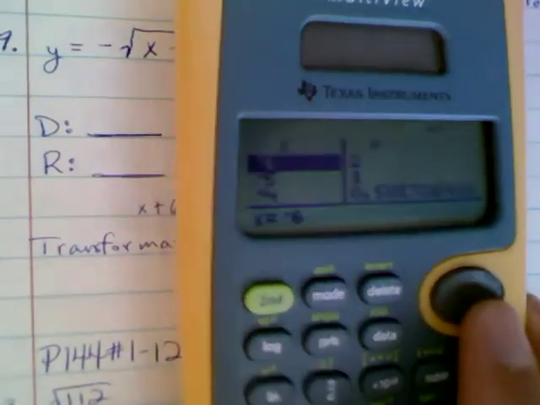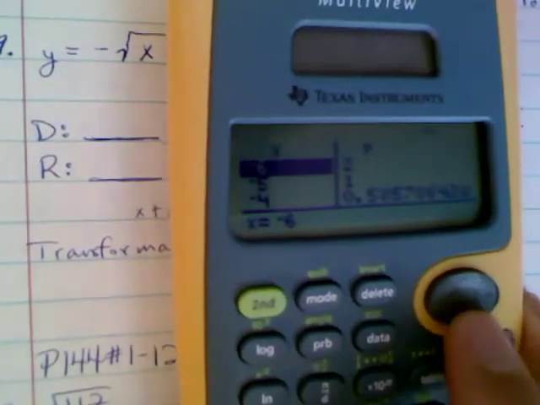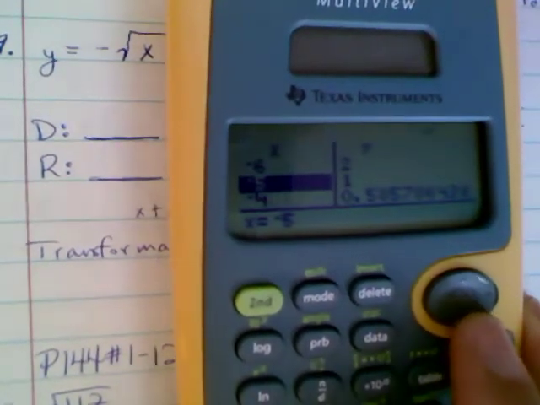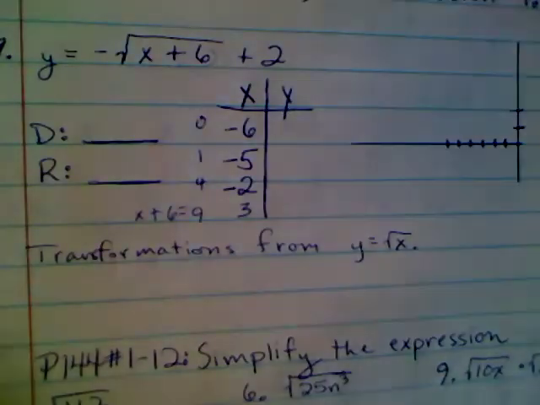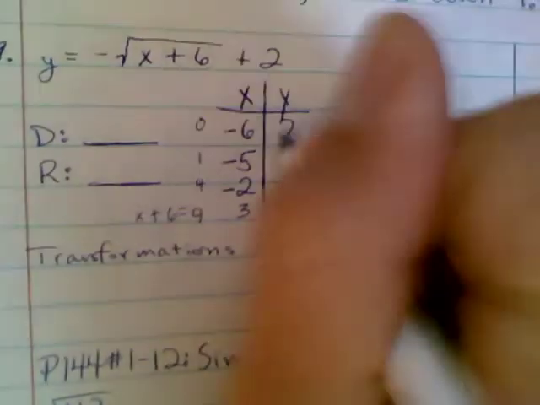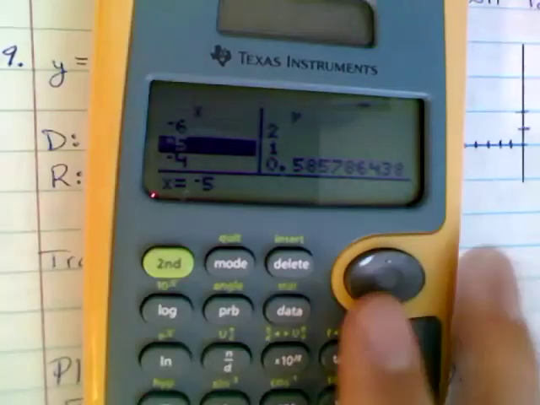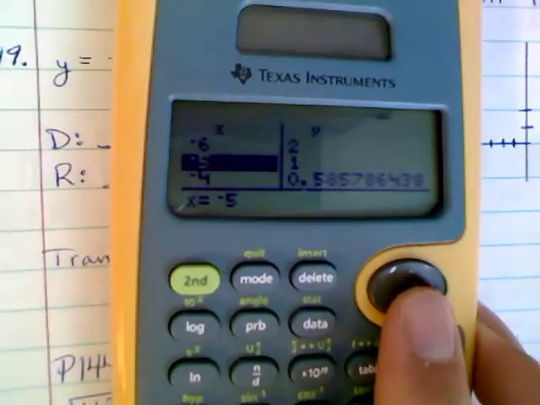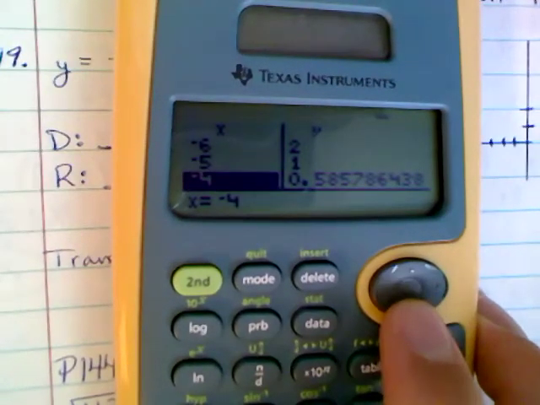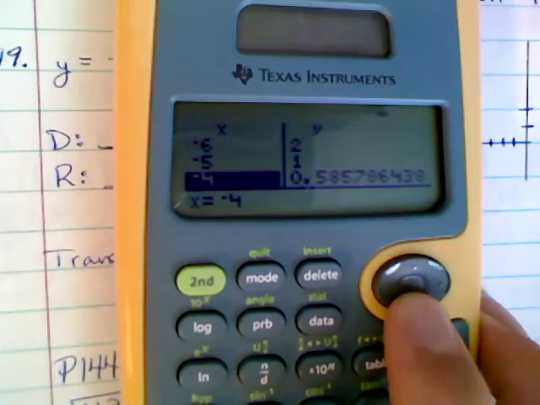So if I substitute in -6, I get 2. If I substitute in -5, I get 1. So -6, 2, -5, 1. And then notice the next thing on the calculator is -4, but that's going to be really hard to graph as it has a decimal there, 0.5857.